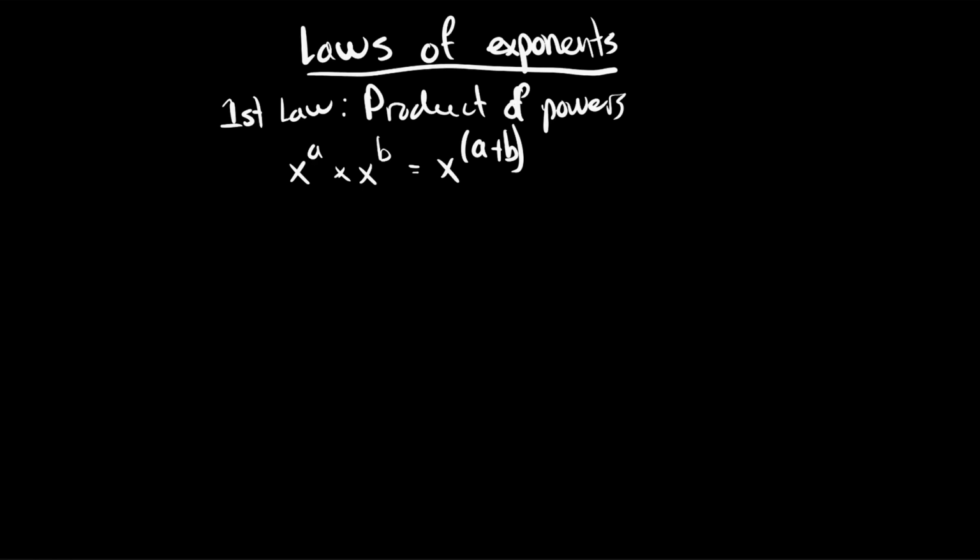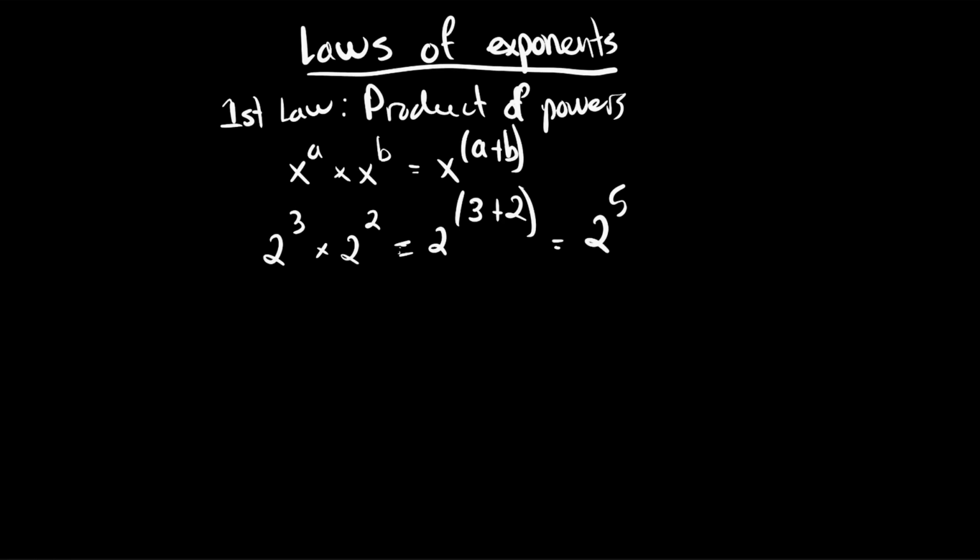So let's say we have 2 to the 3 times 2 to the 2. Now using the first law, we can simplify it by having 2 to the 3 plus 2, which is 2 to the 5. Now, if we want to see how this works, we can also just write it as a multiplication.